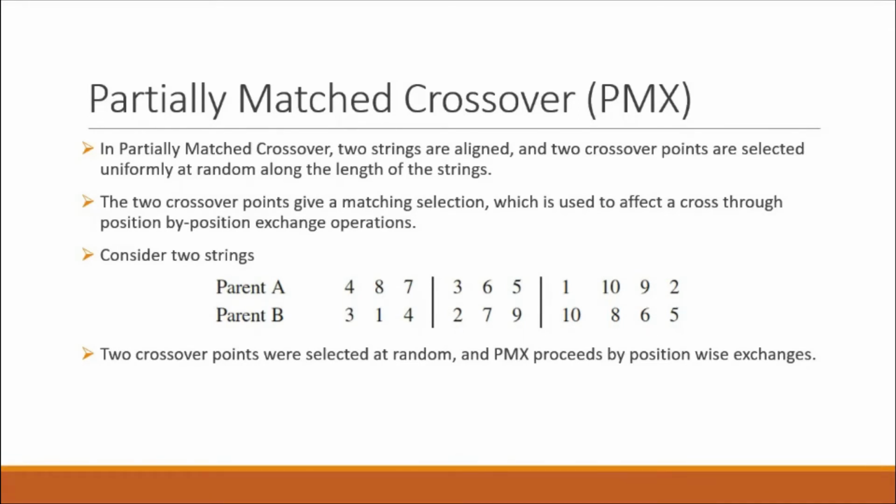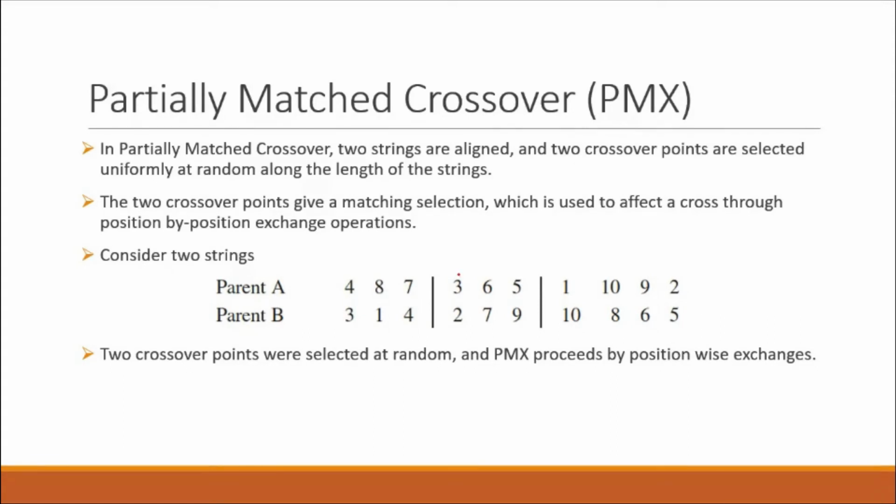Whatever is between these 2 crossing points creates a matching. After this matching is done, a position wise exchange is done within that particular chromosome.